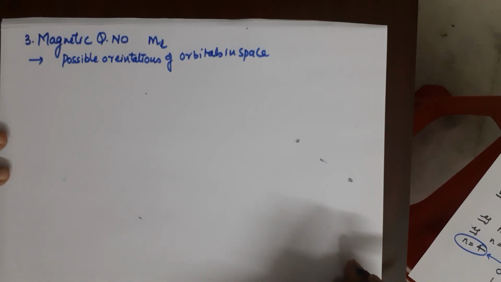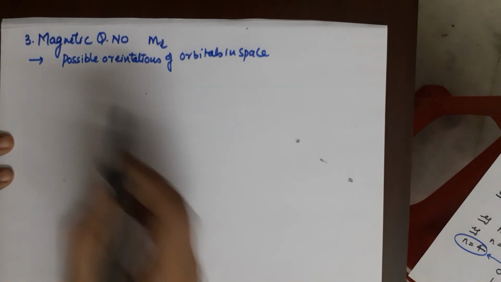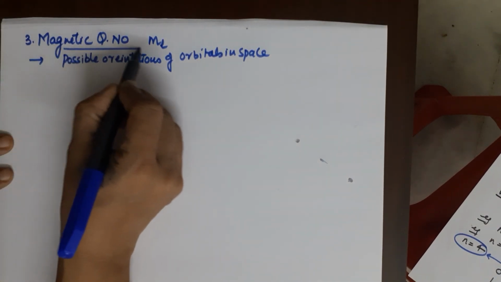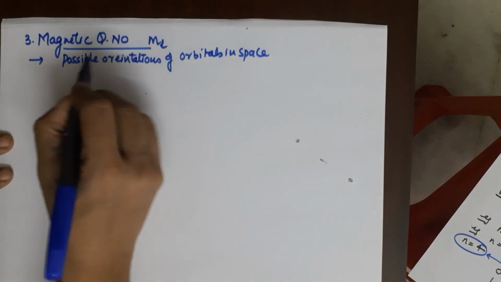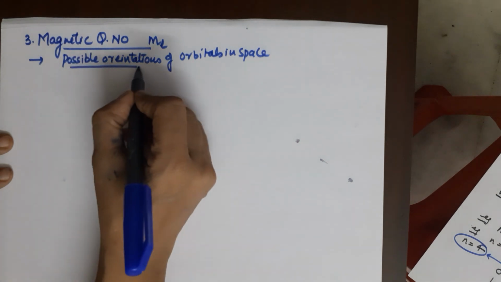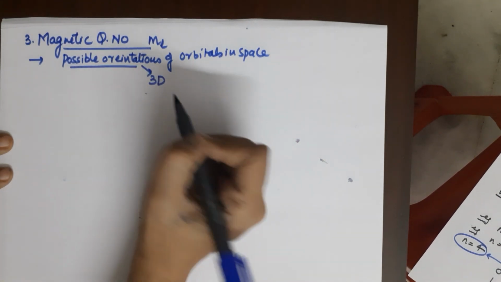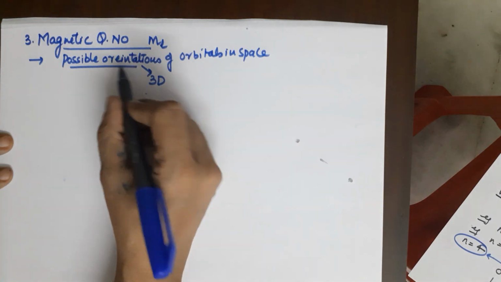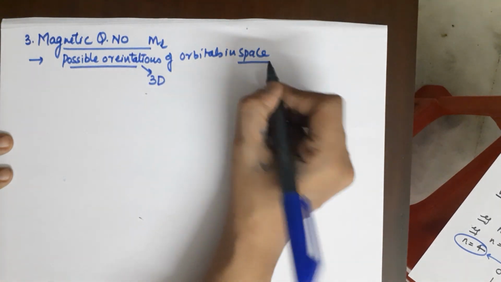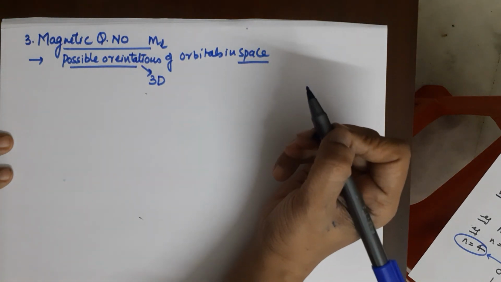Alright. With this we come to the third quantum number, which is known as the magnetic quantum number. Now, this magnetic quantum number tells us about the possible orientation, because it is a three-dimensional orbital. So, the possible orientation of the orbital in space is the role of the magnetic quantum number.